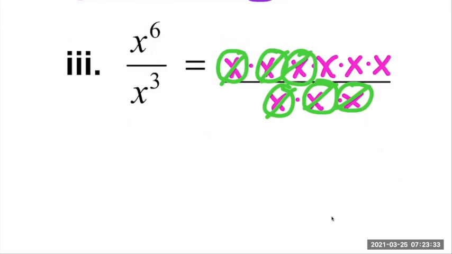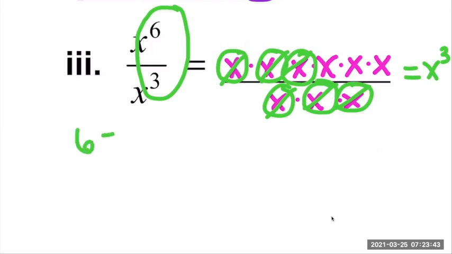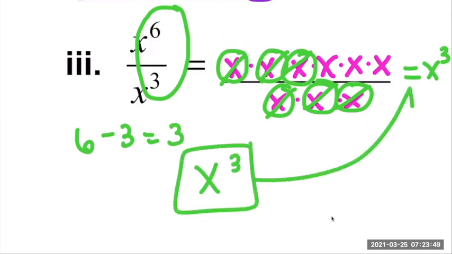Now I'm left with x times x times x, which is just x cubed. So if I follow my rule right here, if I take 6 minus 3, I get 3. So I would have gotten x to the third power, and I didn't even have to write it all out. Same answer, less time.